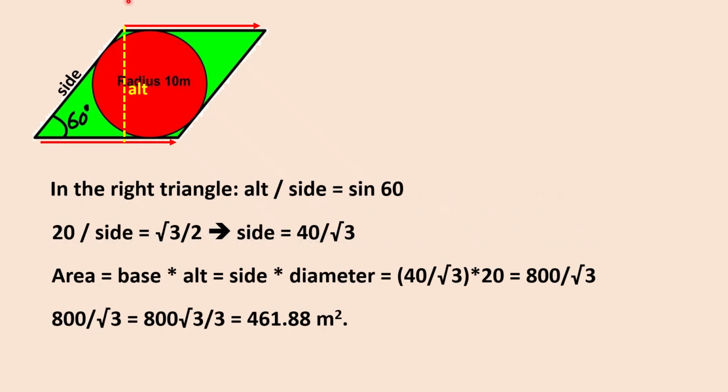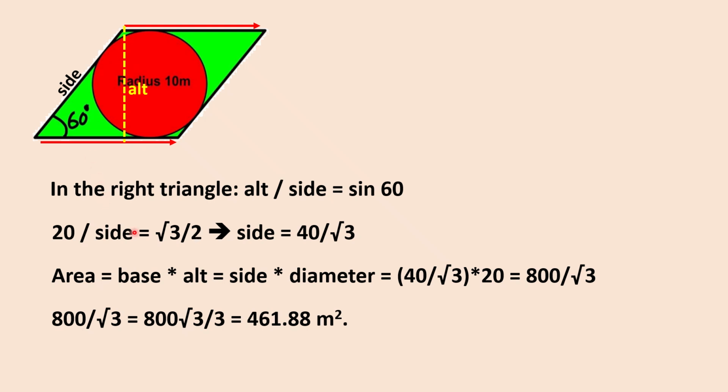So in this right angle triangle formed by the two sides and the yellow dotted line, there is a 60 degree angle. So altitude, that is the yellow dotted line, by the side of the rhombus is equal to sine 60. The radius is 10, so the diameter is 20, and the side is unknown.